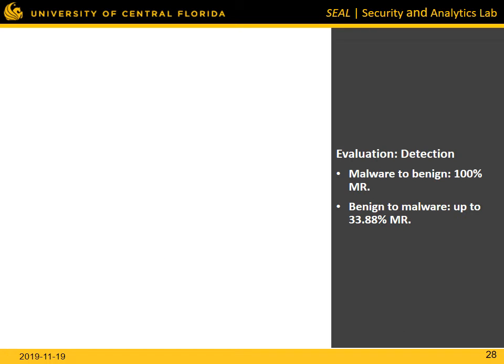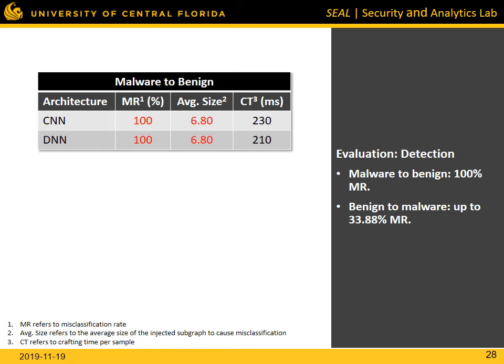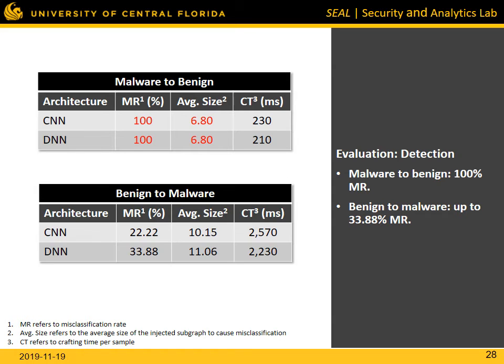And so to evaluate SGIA, we started with detection models. We were able to misclassify all malware samples as benign with an average subgraph size of 6.8 nodes, which is amazing. However, it is not efficient to misclassify the benign samples into malware using SGIA, as we achieve only a misclassification rate as low as 22.22%, which is the downside of the approach.